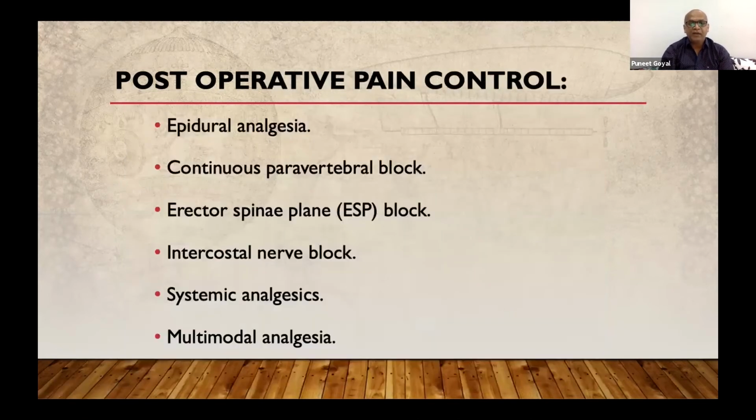Postoperative pain control is extremely important, and it can be delivered with various techniques, including epidural analgesia, paravertebral block, erector spinae block. Various techniques have now been used, and one has to use multimodal analgesia to give adequate pain control.